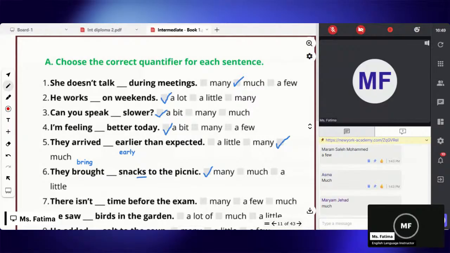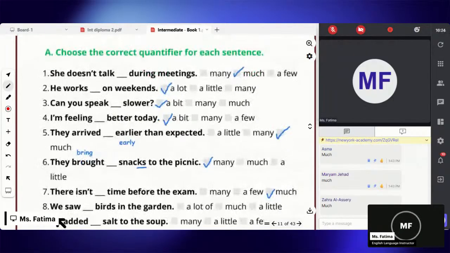Yes, excellent. Time is uncountable. We don't count time. We count hours. So we say there isn't much time for the exam. Yes, there isn't much time for the exam.